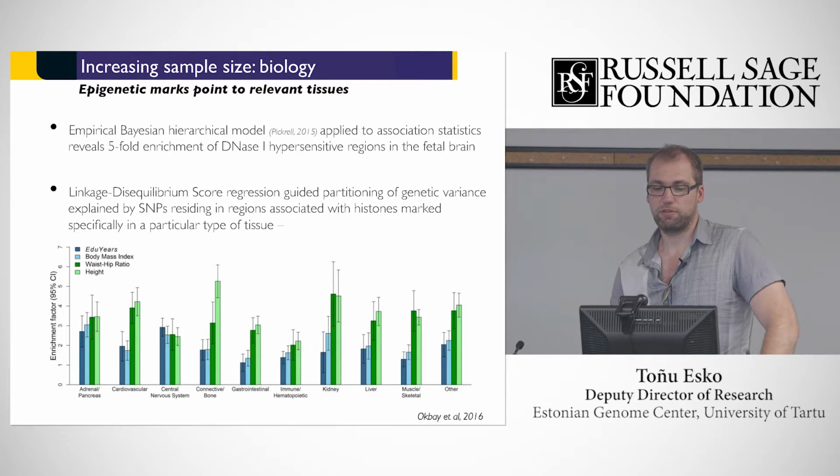And here, again, we already included years of education in blue, but there we also have, as nulls, body mass index, waist-hip ratio, and height.